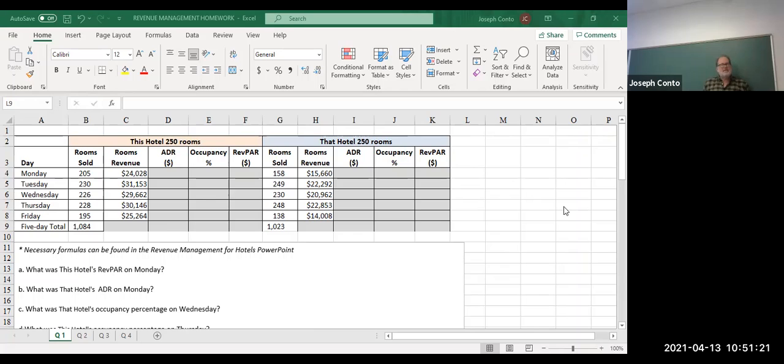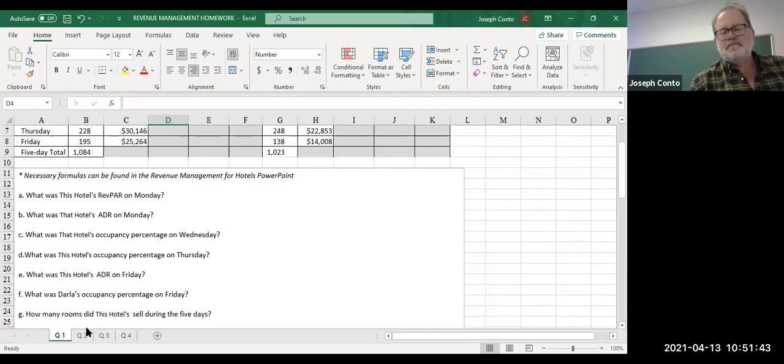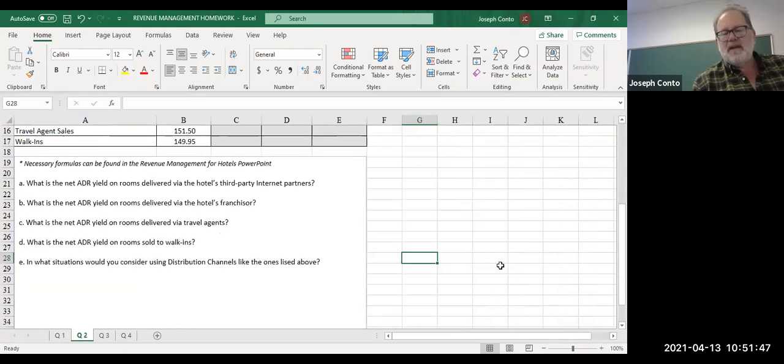I want you to give a little bit of thought to that, because that's what managerial accounting is: figuring out why you would run your hotel with high occupancy, low ADR, or high ADR, low occupancy. What is the benefit of it? That's what this question is about. But much of it is simply these formulas, and these formulas are located in the PowerPoint that we went over last week and today.